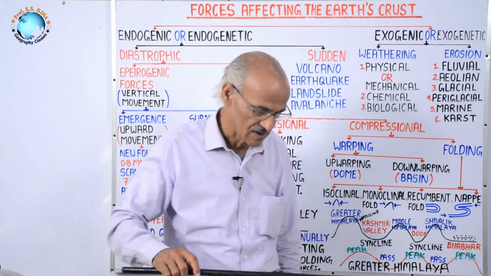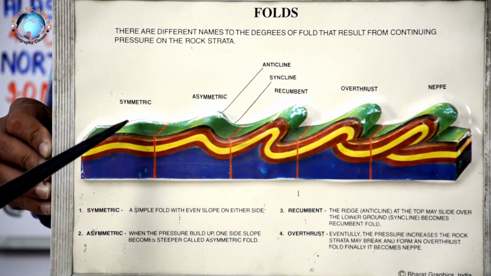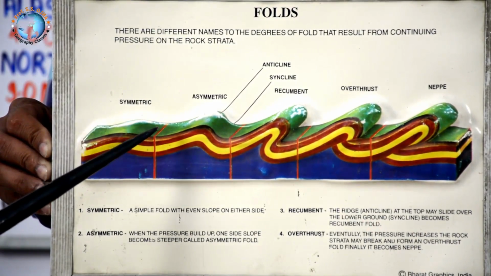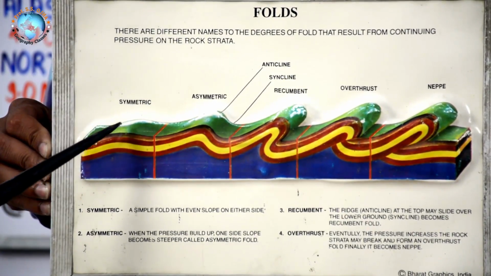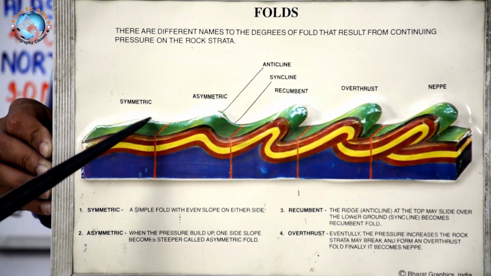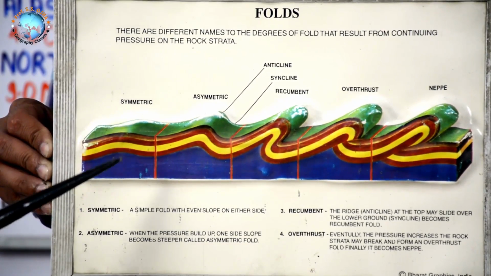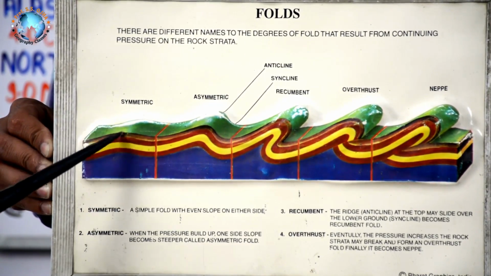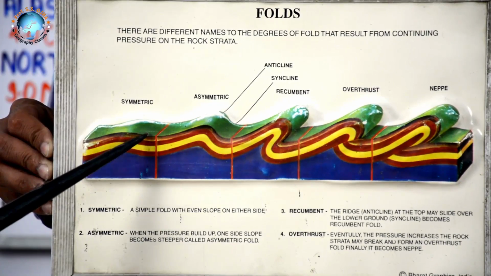Now its example is, this is a model showing different types of fold. Here this is symmetrical. Symmetrical means both the slopes are nearly equal, showing that the forces from both sides are equal.